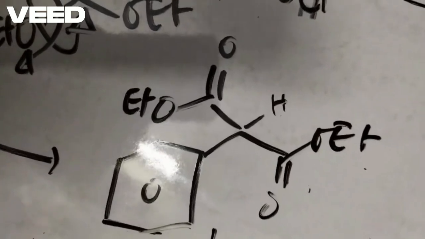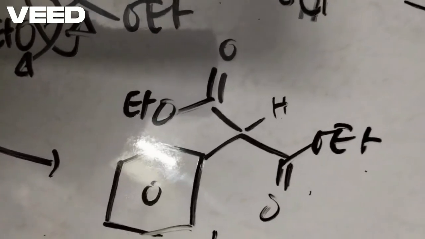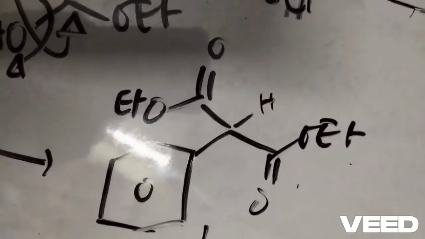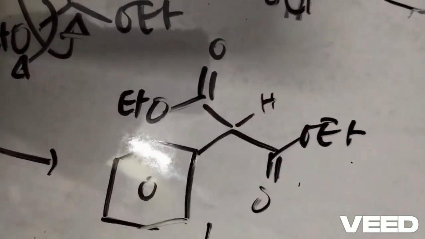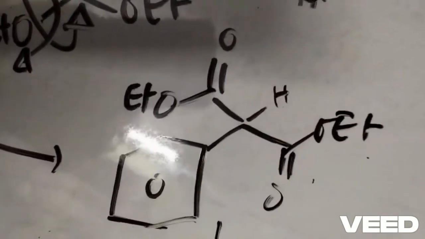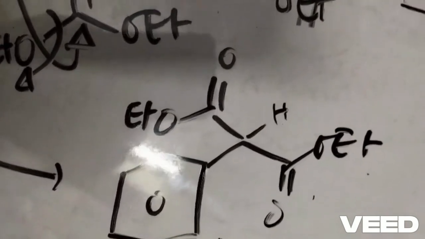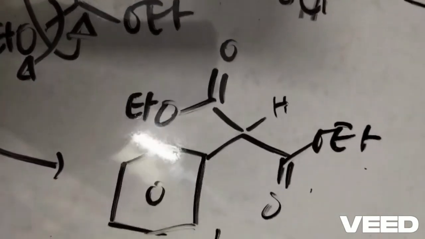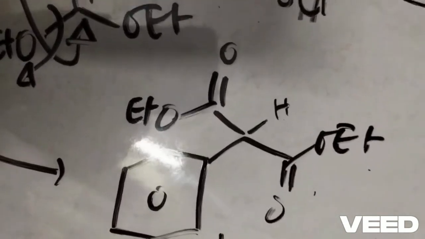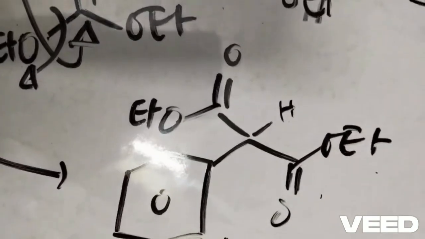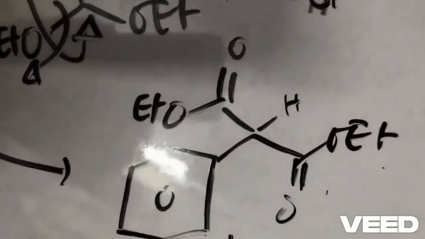Now a lot of you might think that the second hydrogen here will ionize as well, and it will attack another molecule of the given reagent, but the thing is, the hydrogen will ionize for sure, but as the system is too bulky and it has become so dense around that carbanion formed, it cannot attack further on the given substrate.